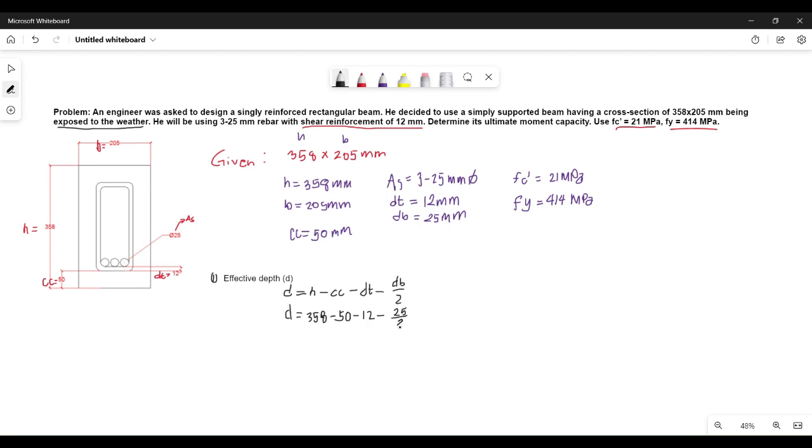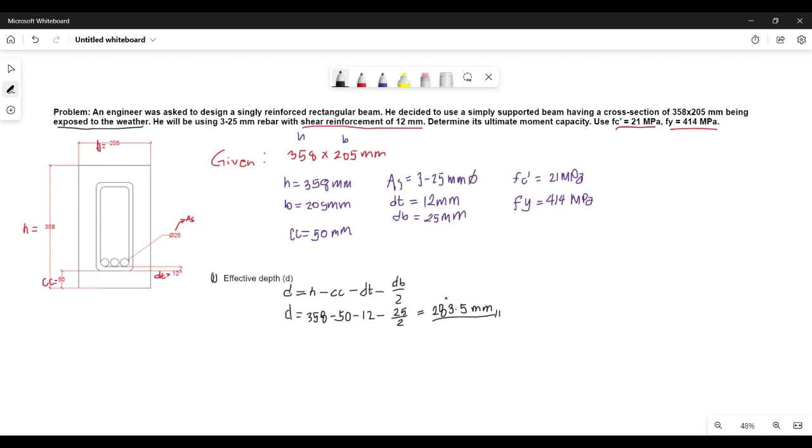Simplifying this, round off your answer to 1 decimal place only. Our effective depth is 283.5 millimeters.